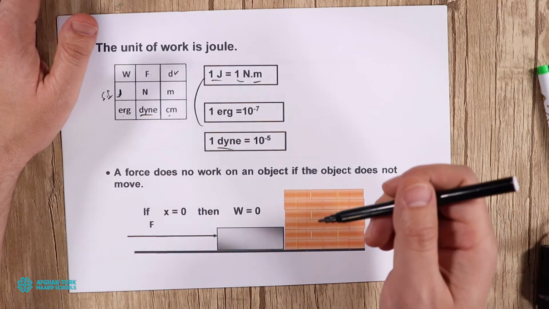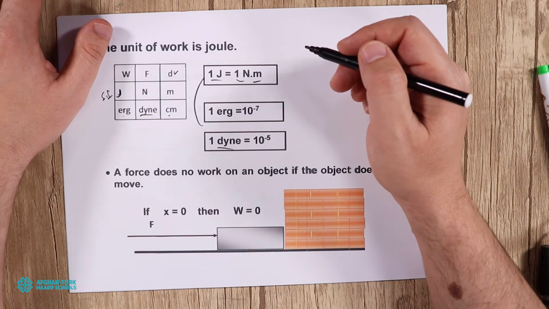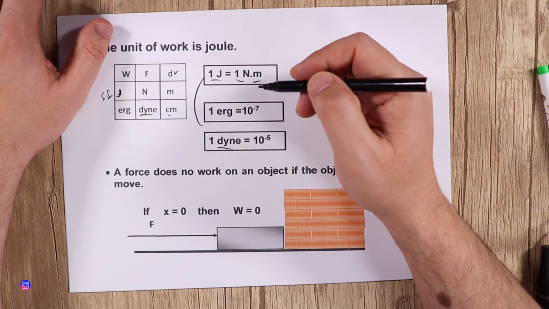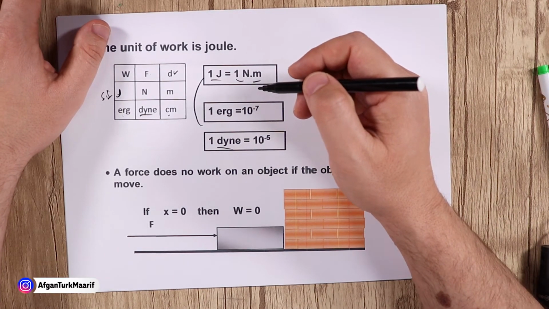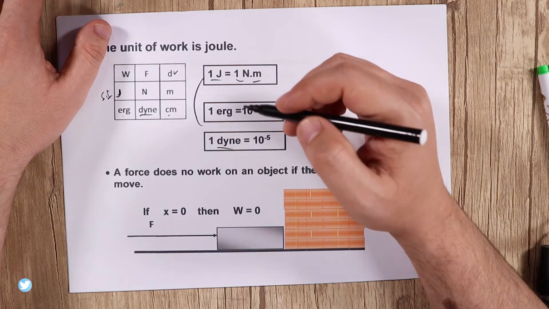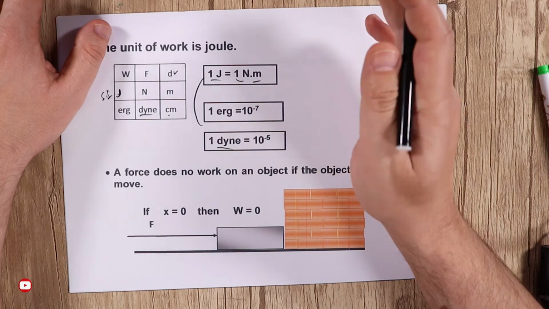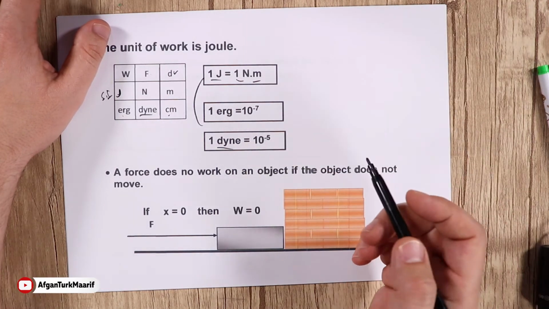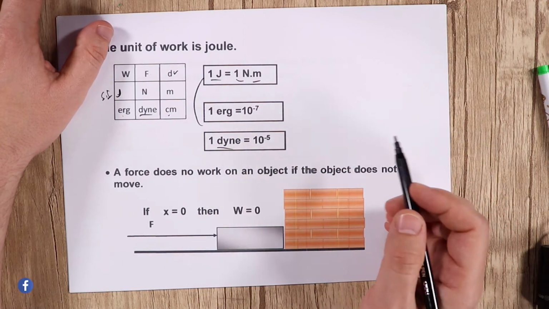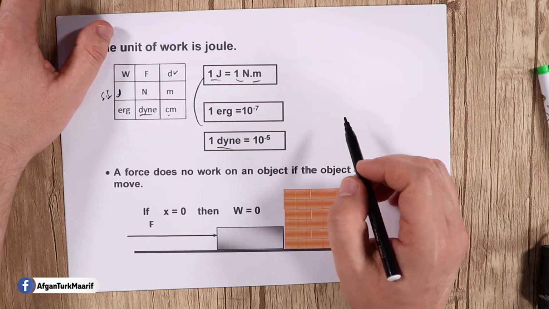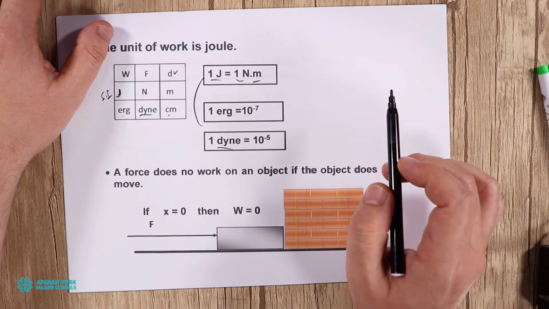The first property of work, as I told you on the first page: sometimes we apply force on an object but the object does not cover any displacement, like we cannot move the object from one point to another. In that case the work done is zero.